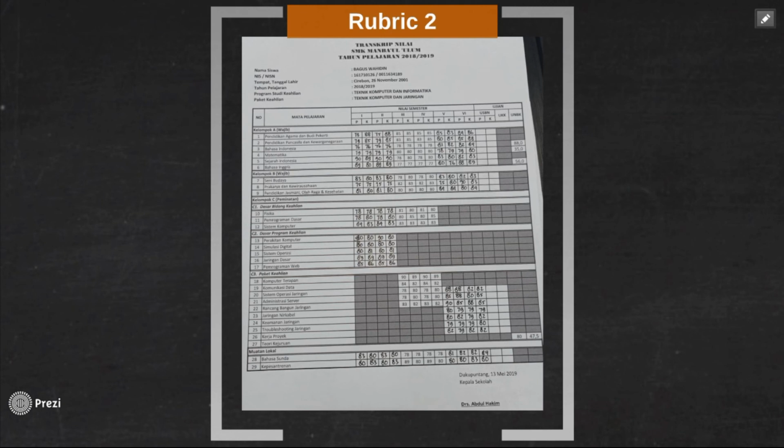And for the example of rubric 2, I have here the sheet of score compilation of the students from a state vocational high school.